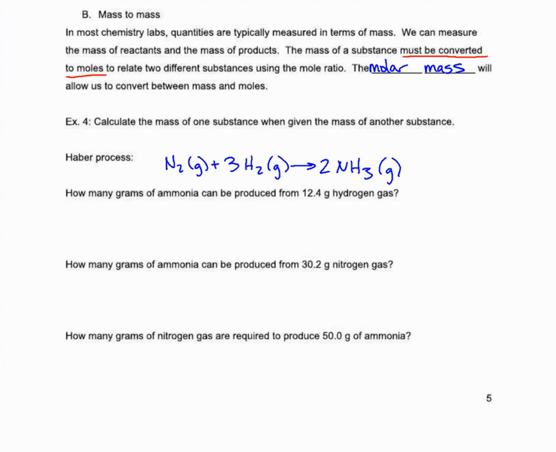So when I look through this, we're going to be finding things like grams of ammonia, here's grams of hydrogen gas, here's grams of nitrogen gas. One of the first things that I would do here is figure out the molar masses of each of these 3 compounds.